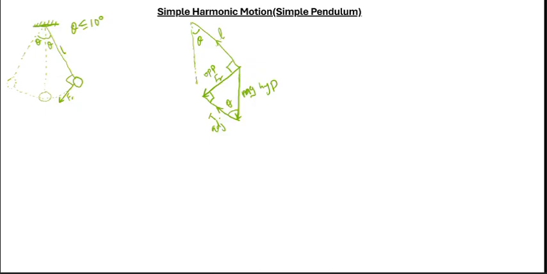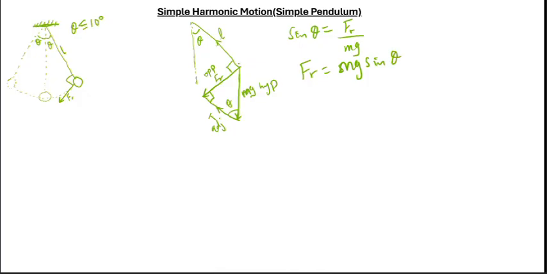If we are resolving this, we use sine theta, and sine theta equals opposite over hypotenuse. Our opposite here is our restoring force, and our hypotenuse is our weight mg. Then we can say our restoring force equals mg sine theta.